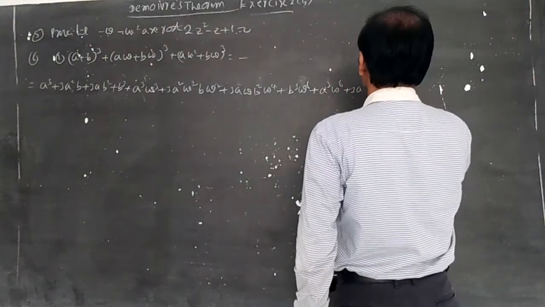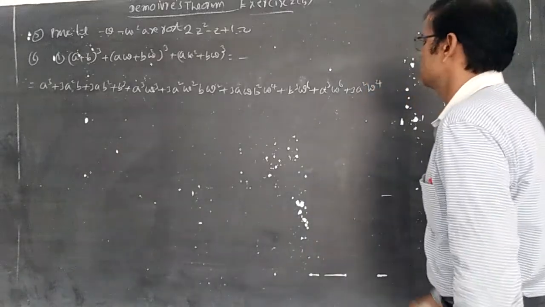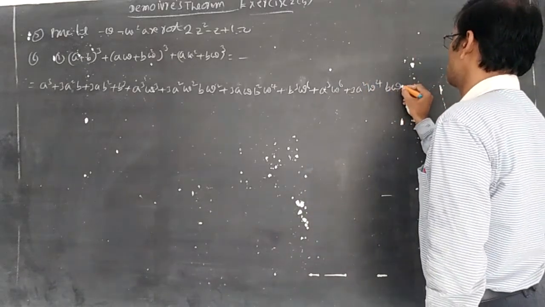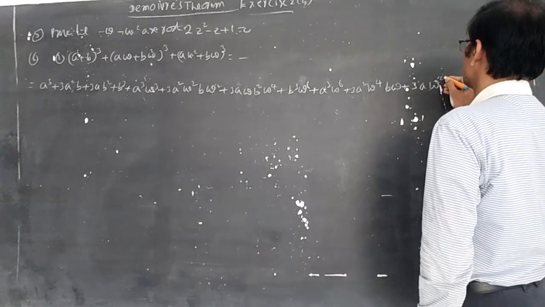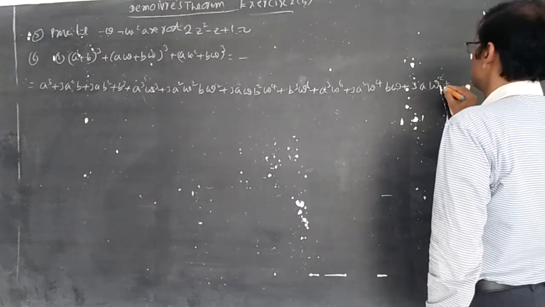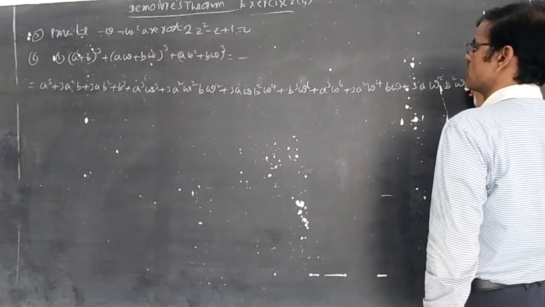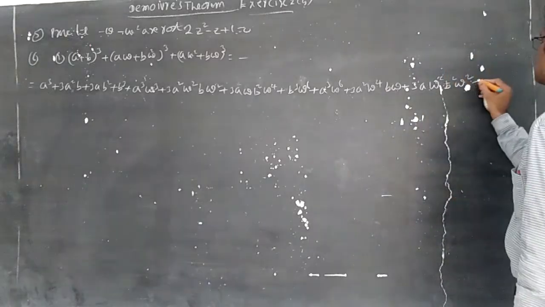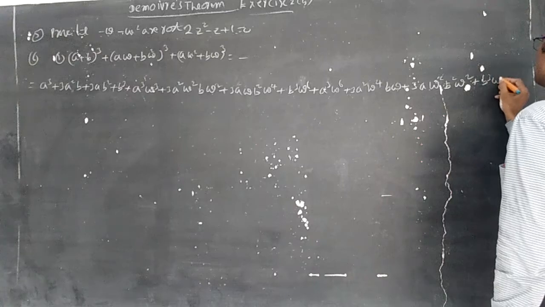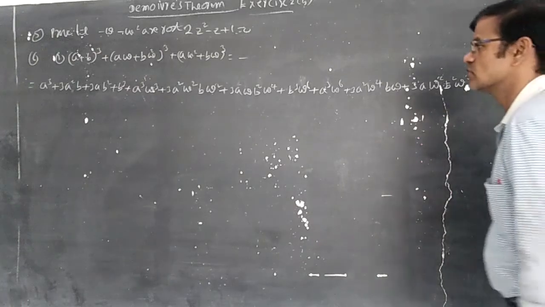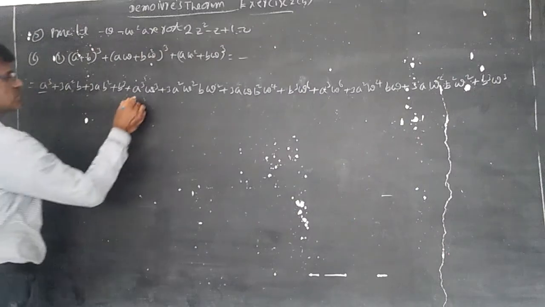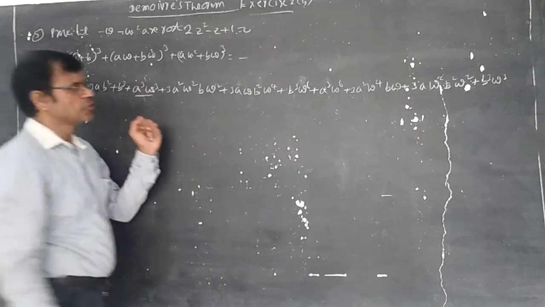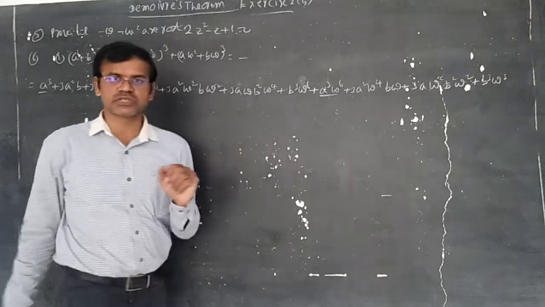So 3a square omega power 4 into b means b omega plus 3ab square. So 3a omega square into b square means b square omega square plus b cube meaning b cube omega cube.